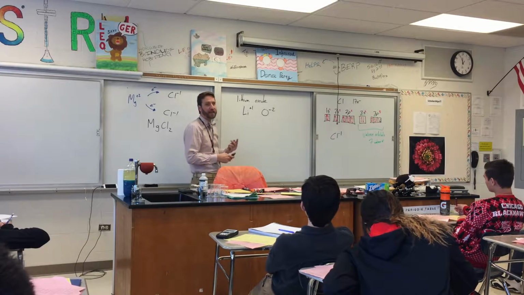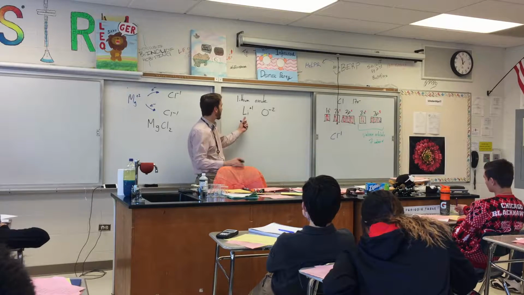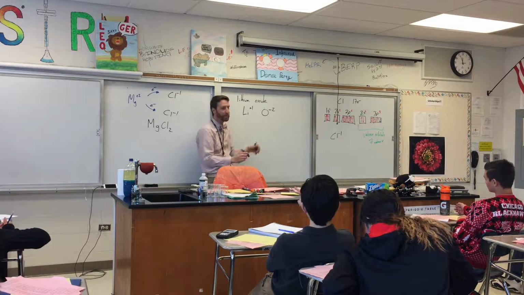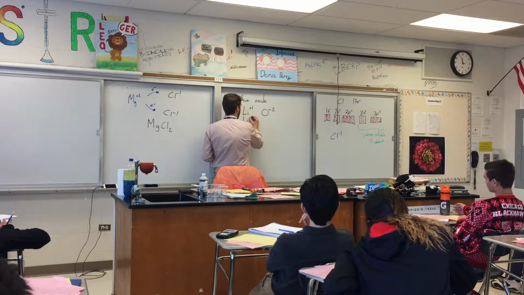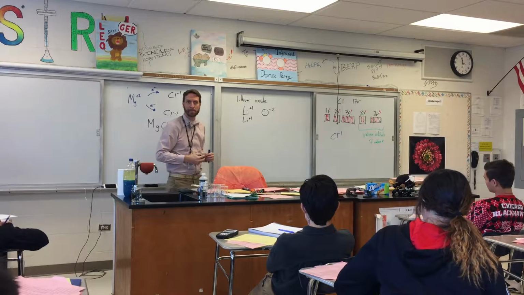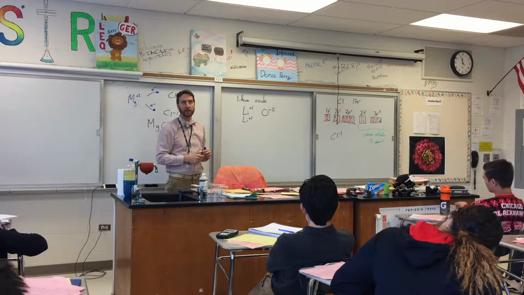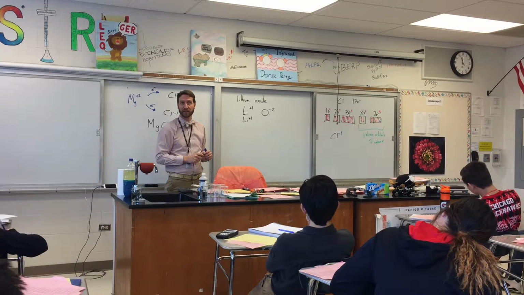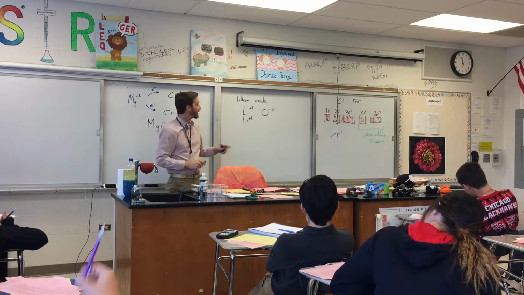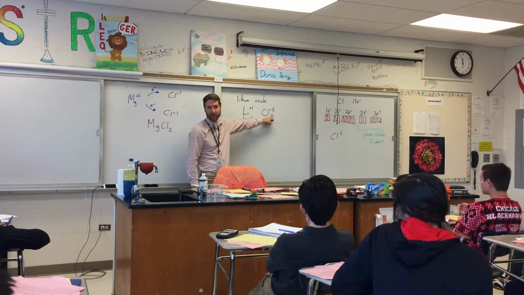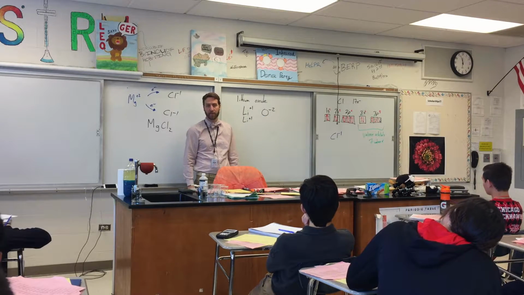Okay? Now to figure out lithium oxide, is the 1 electron being lost by lithium going to balance with the 2 electrons being gained by oxygen? No. So how does oxygen become a noble gas then? It gains 2 electrons to be like neon. This minus 2 means it gains 2 electrons.